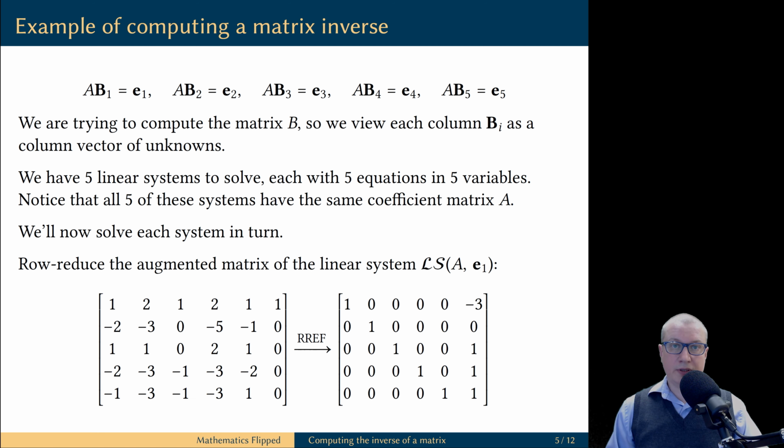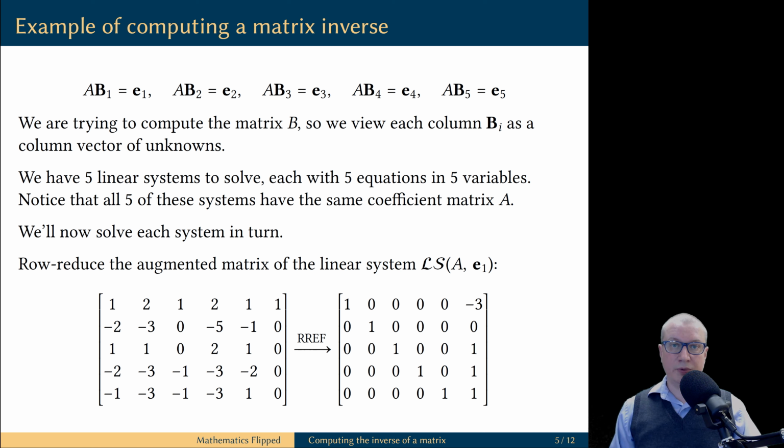To solve the first linear system, we write its augmented matrix. This augmented matrix consists of the matrix A as the coefficient matrix and the standard unit vector E1 as the vector of constants. You apply the Gauss-Jordan elimination to find the reduced row echelon form of this matrix, and what is shown is the result of this reduction.